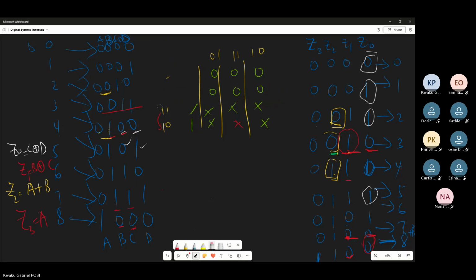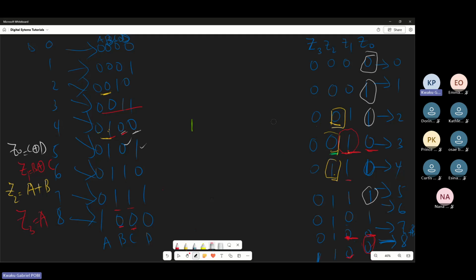So if you are to draw the output expressions for this gray code that we are seeing here, it would mean that you have this sort of thing. You have, let's say, A, B, C, D like this. Then I'll draw their lines like so. If I want to implement Z0, it's C XOR D. So I'll put an XOR here.